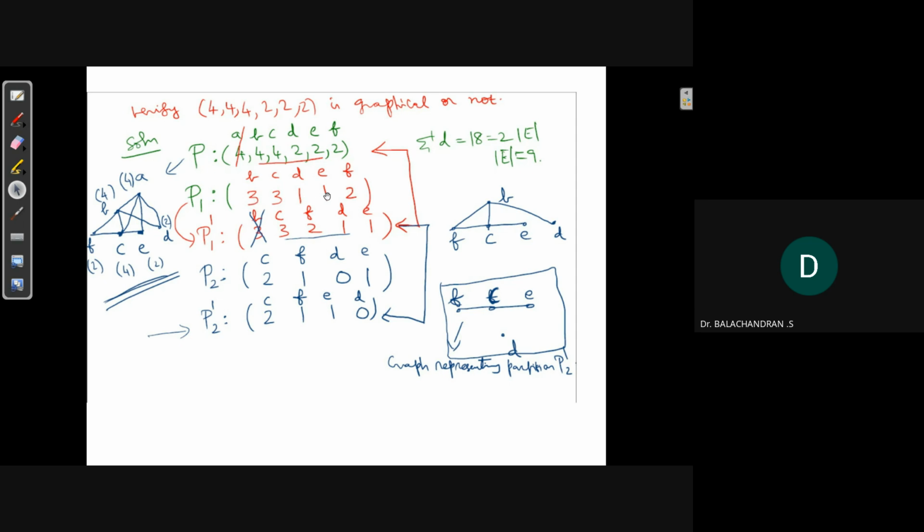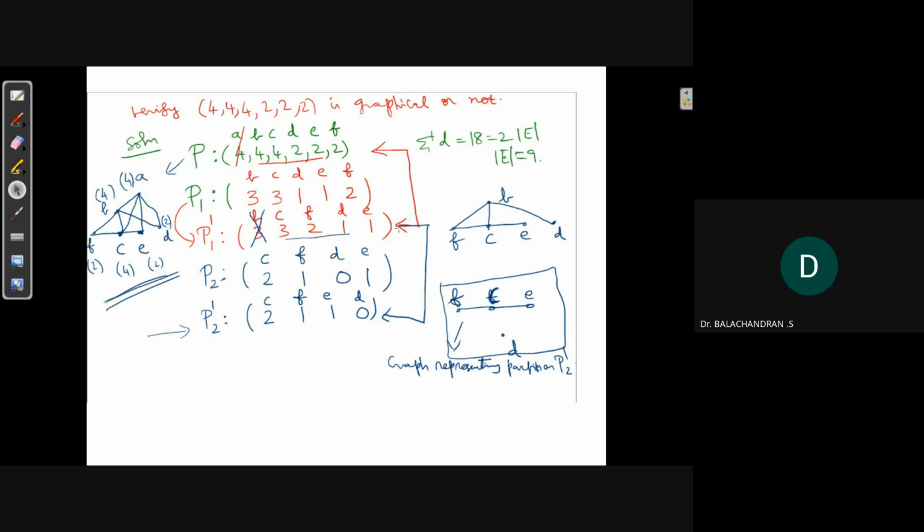Now this is not in descending order, so I'll write it in descending order: 3, 3, 2, 1, 1. This is actually B, this is C, this 2 is F, this one is D, this one is E. Now it is in descending order.